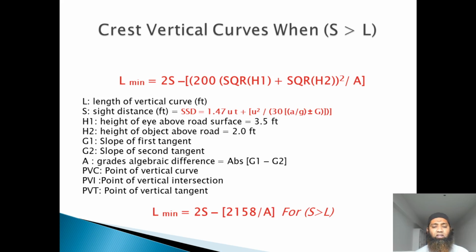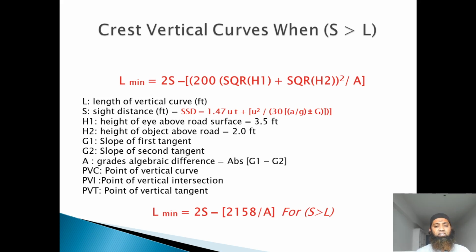L minimum should be 2S minus 200 times the square root of H1 plus the square root of H2, whole squared, divided by A. L is the length of vertical curve, S is stopping sight distance, SSD is equal to 1.47 U plus U squared by 30 into A divided by G plus or minus G. H2, the height of the object above the road, is at least 2 feet.